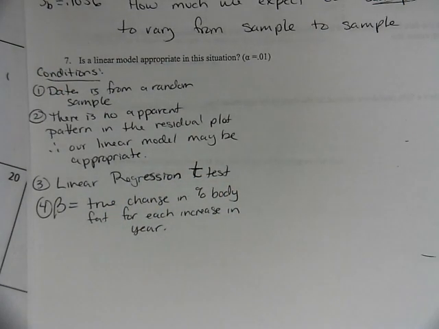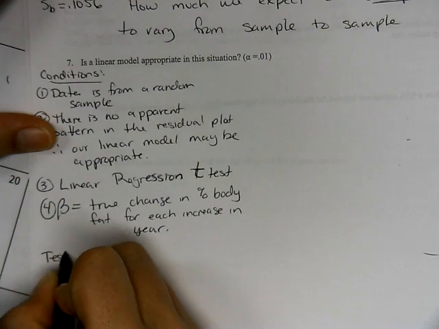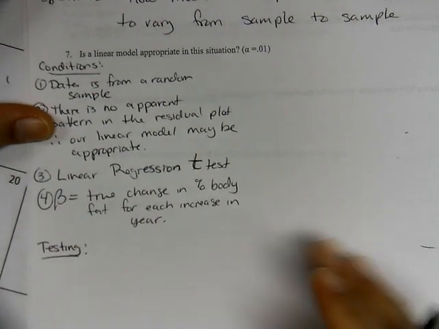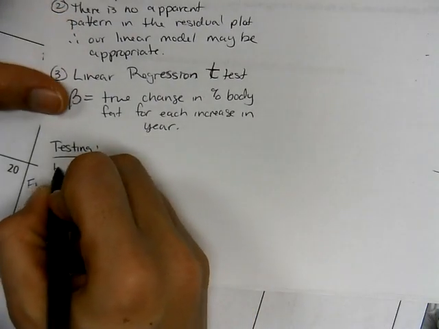Okay, think about number 4 as you almost interpreting the slope. Okay, so you're testing. Again, there's no picture that you need to draw. It's just either the slope is 0 or not 0. But you need to put those in context.